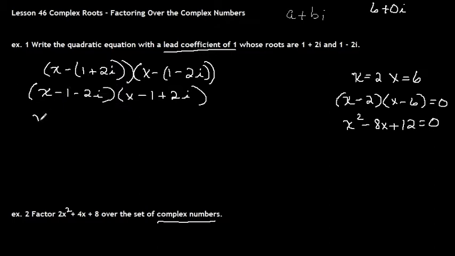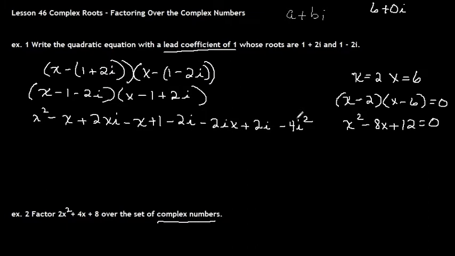So we're going to get x squared minus x plus 2xi minus 1 times all those, minus x plus 1 minus 2i, and then finally negative 2ix plus 2i minus 4i squared.